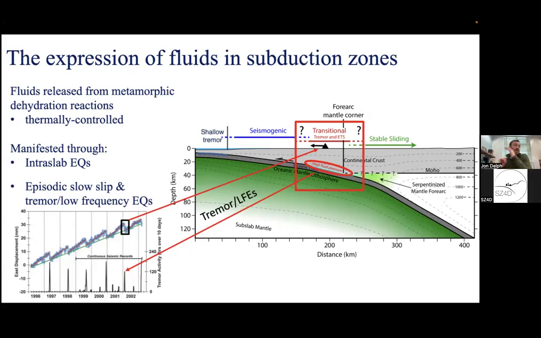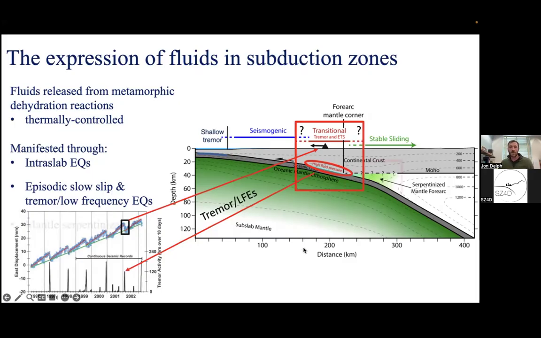But this increase in noise is contemporaneous with this geodetic motion and is seen over a regional array of stations, so it's not a site response. It is clearly tied to some physical process that's happening in the margin. So that's our seismic signature, our non-volcanic tremor. Combining these two in Cascadia, we get our episodic tremor and slip events.